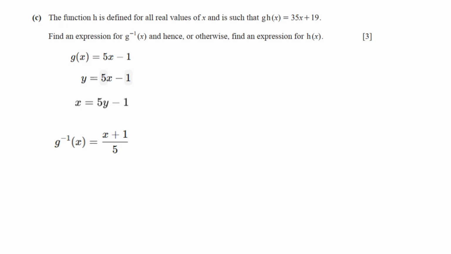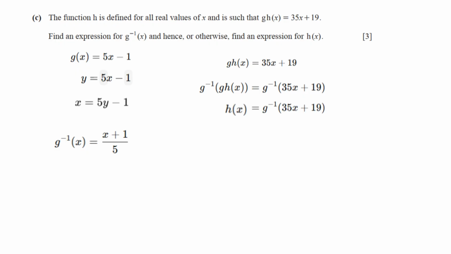So now we need to find the expression for h of x. It's given gh of x is 35x plus 19. Now multiply both sides by g inverse. So g inverse and g get cancelled. So h of x equal to g inverse of 35x plus 19.